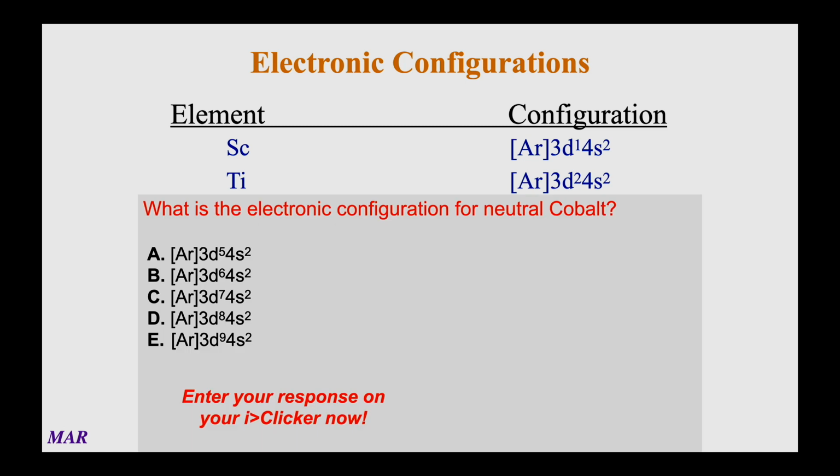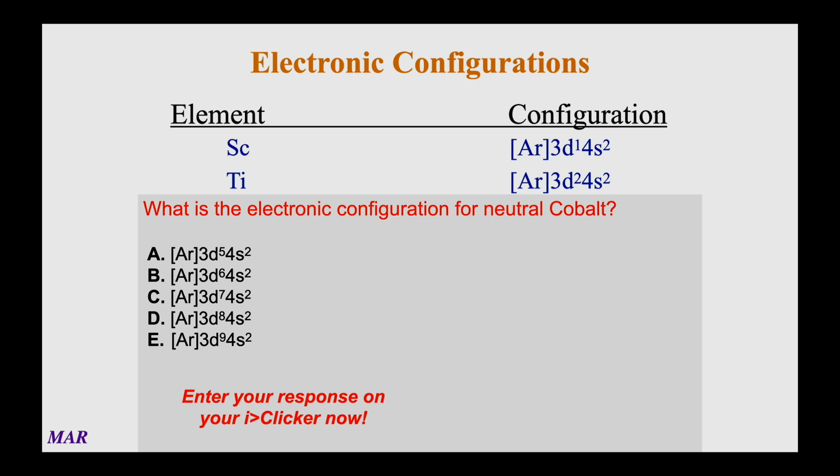Here's a question. What's the electronic configuration for neutral cobalt? Okay. Now, cobalt is an atom. It's a transition metal. It's one of the 3d elements. And if you have a periodic table, this question would be a lot easier, definitely. Cobalt, if you look on the periodic table, is a 3d7.